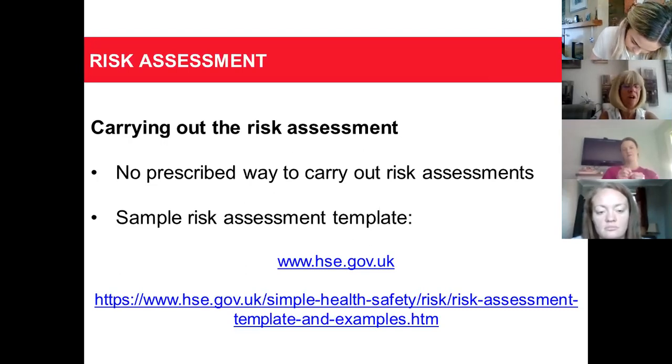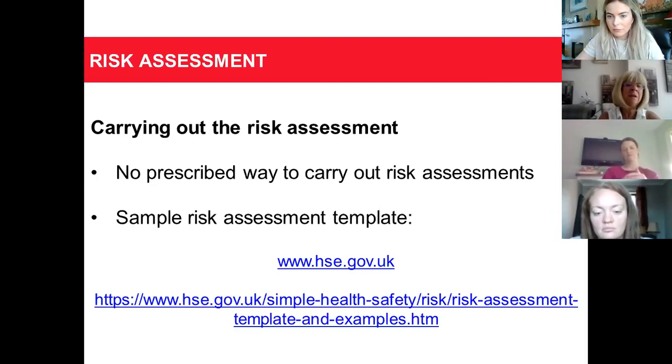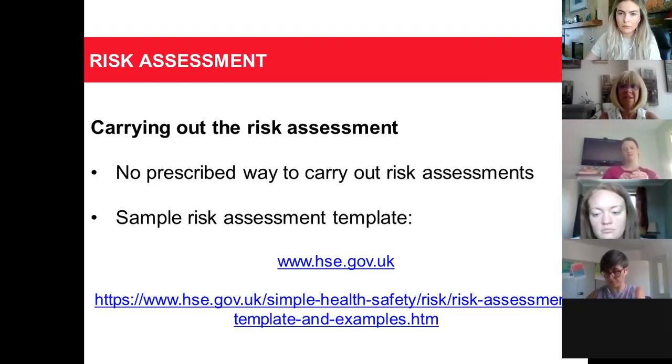There is no prescribed way of carrying out a specific risk assessment, and I have seen many, many types of risk assessments in the years that I've been working in health and safety. The important thing is that the risk assessment is carried out. But for the purpose of today's webinar, I just wanted to show you a couple of templates that you might want to use, or it would be useful for you to see what other organisations are using as their risk assessment template.